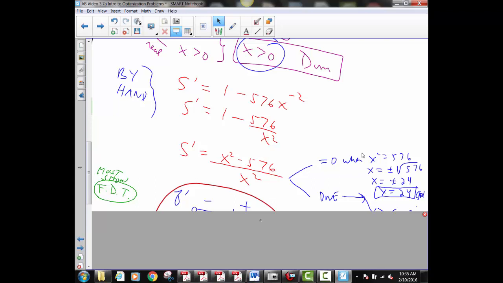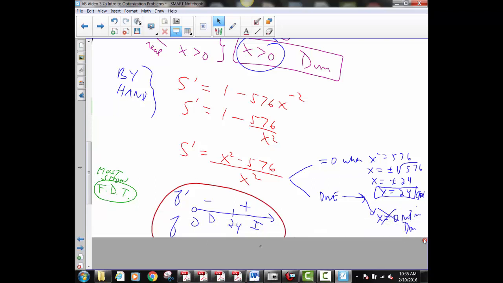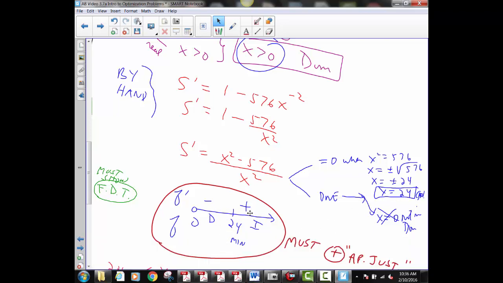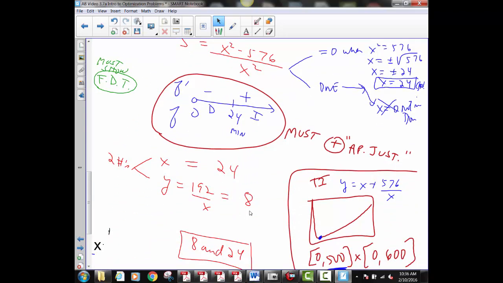When is it equal to 0? When the numerator is equal to 0, which is when x equals plus or minus 24. But remember, our domain is all positive numbers. It doesn't exist at 0, but 0 is not in the domain. Keep in mind that this limited domain will give you a number ray. So you have this one and only one critical number of 24, and you find out that there is a minimum at 24.